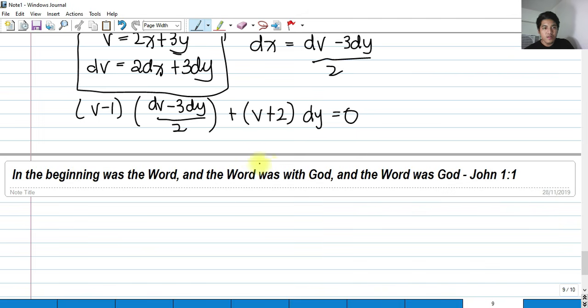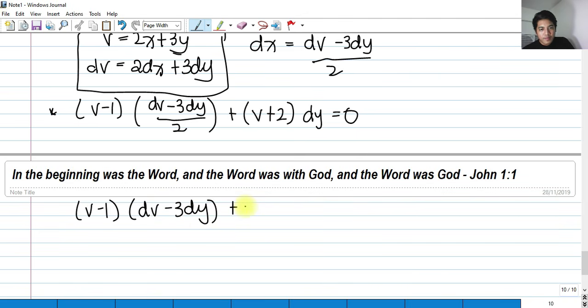So let's try to solve this. If we multiply both sides by 2, we'll be having (v minus 1) times (dv minus 3 dy) plus 2 times (v plus 2) dy is equal to 0.